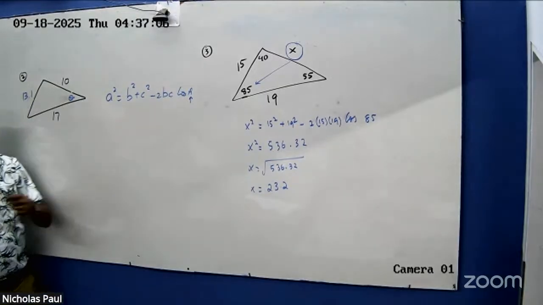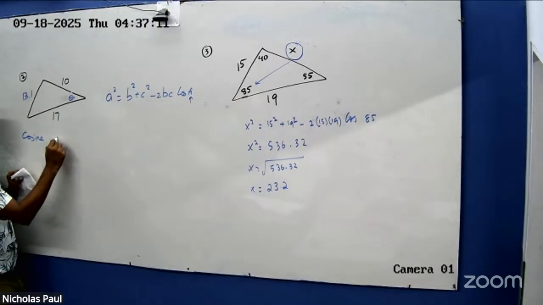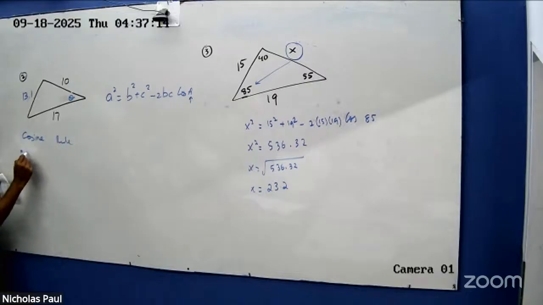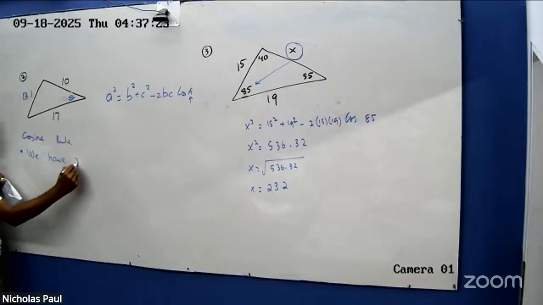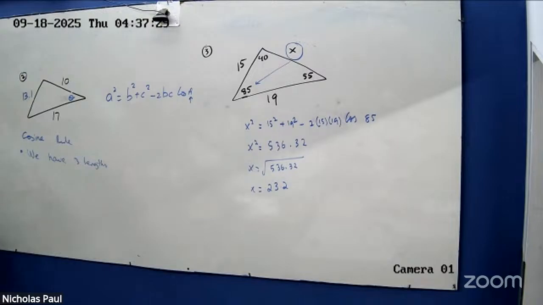So our next case for using the cosine rule is if we have all 3 lengths and I want to find the angle. I want to show you how to handle it because it's a little harder. This one hardly comes, but it came in 2024, January I think, and in 2025, so I want to make sure you can handle it.